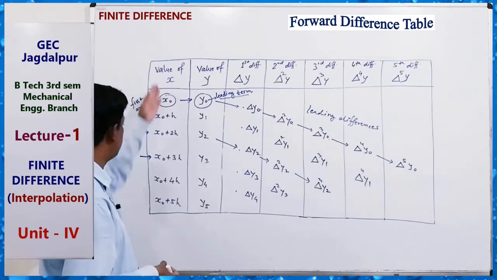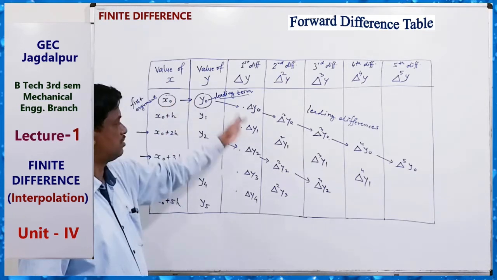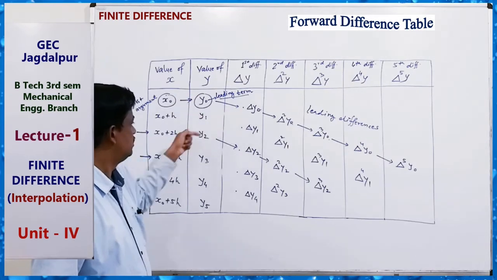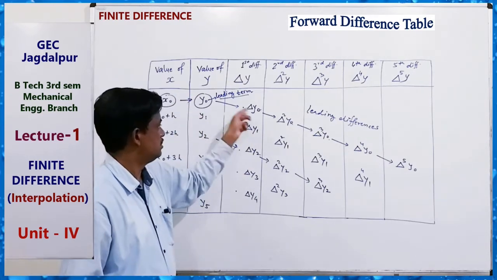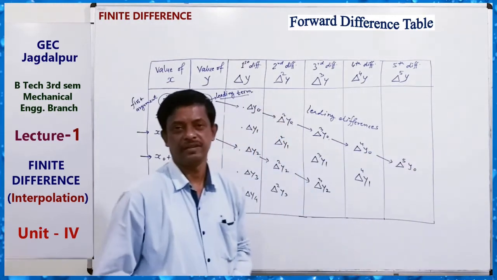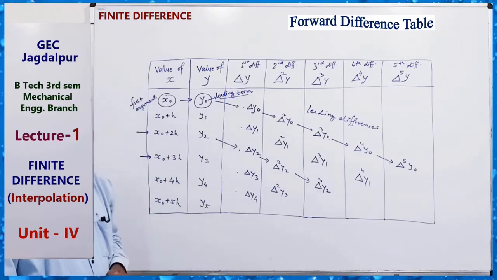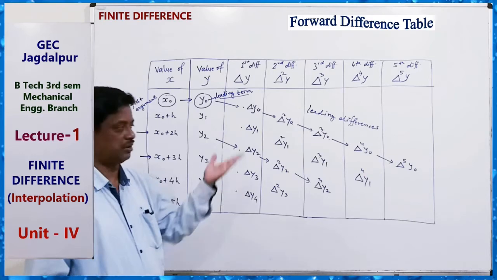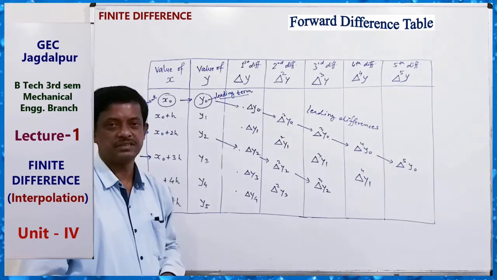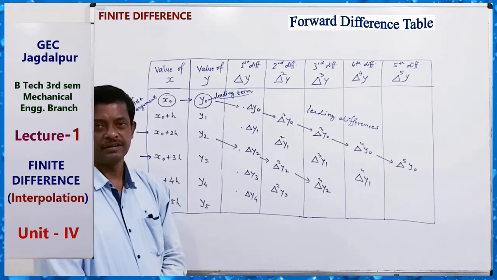Just write the value of x and value of y and subtract, writing the values up to the last term. So this is the forward difference table. From this we can find all the differences for given data by making a table. Clear?